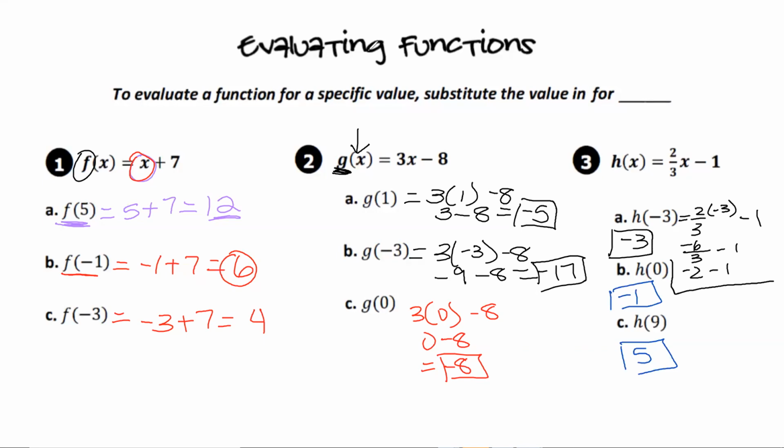I got -1 on B, and then I got 5 on C. Anybody who needs me to walk you through that one? Are you okay on that? Another way you could have done this is literally type it straight into Desmos, put these parentheses in, and it does it for you. Again, I'm trying to make this as easy as possible. There's no reason why we should get these ones wrong. They're like easy money.